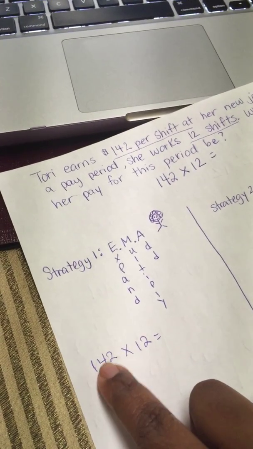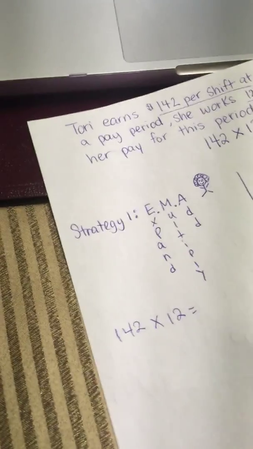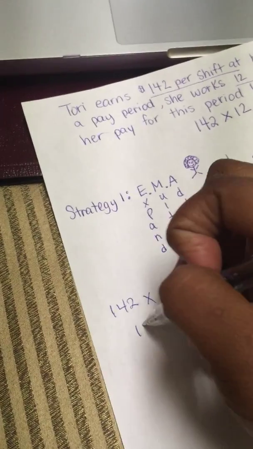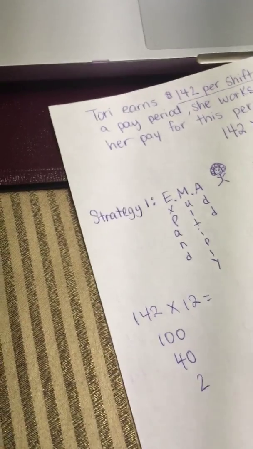That's a hefty number and I can't do mental math when I'm multiplying. So I'm going to expand that number. So that would work out to be 100 plus 40 plus 2, which is 142.